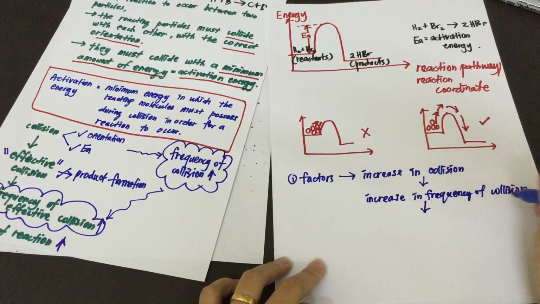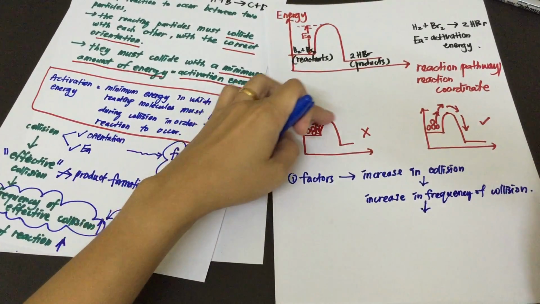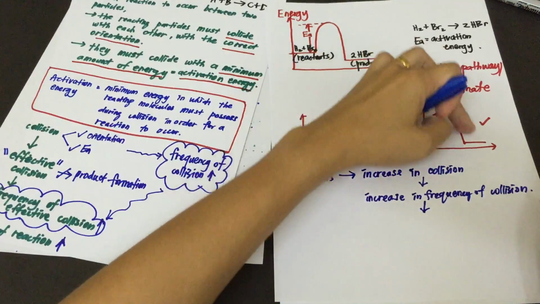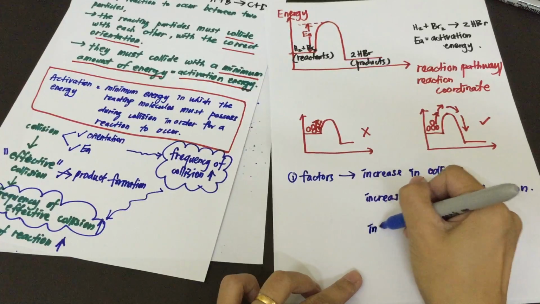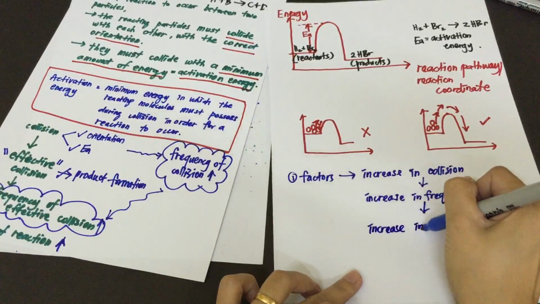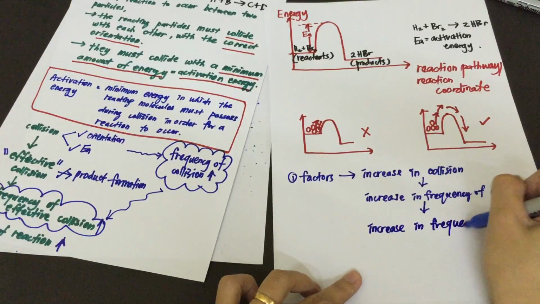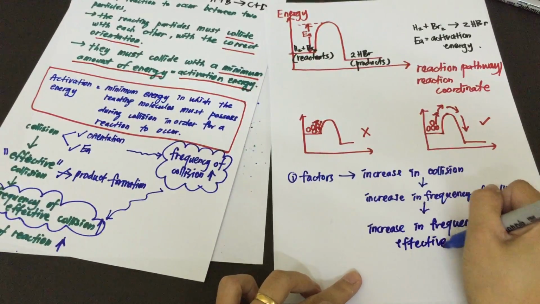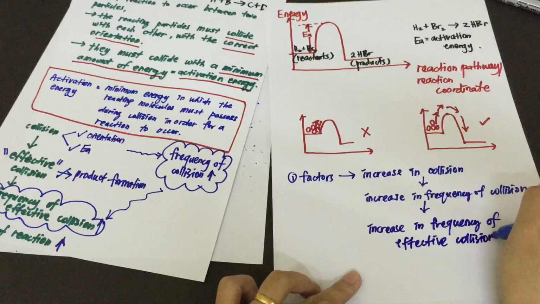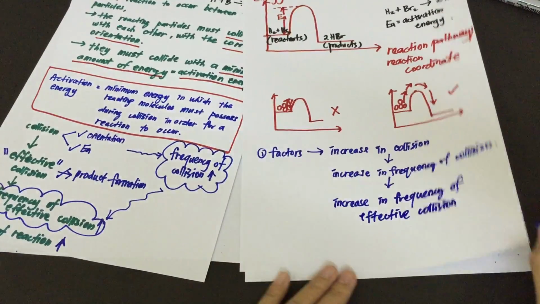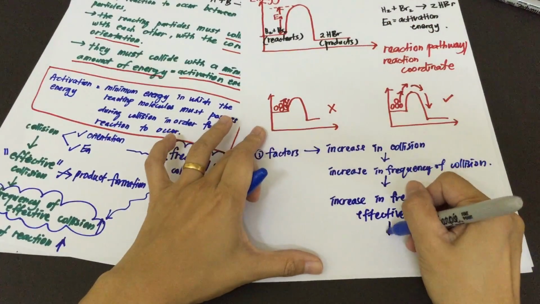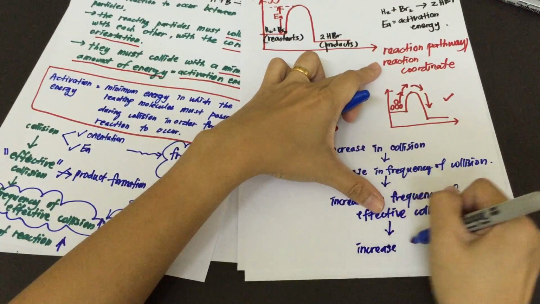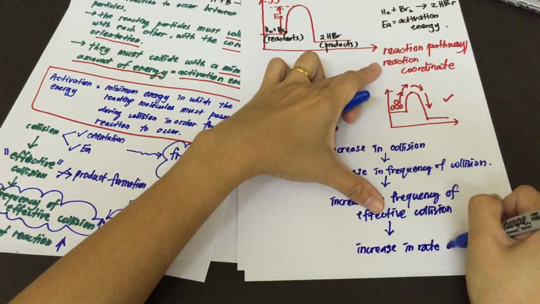And from the increase in frequency of collisions, there will be an increase in the effectiveness of the collision. That's why we call it an increase in frequency of effective collision. And the last point to summarize is the increase in rate of reaction.